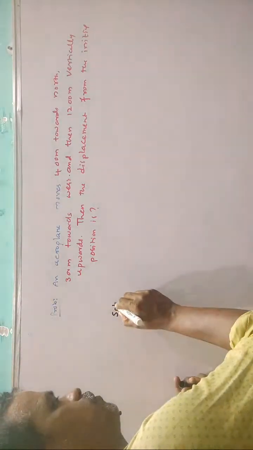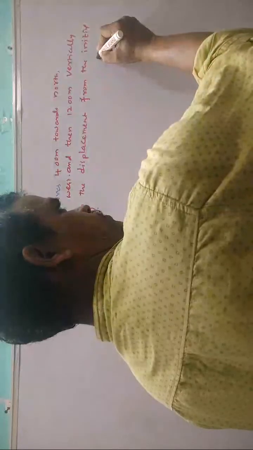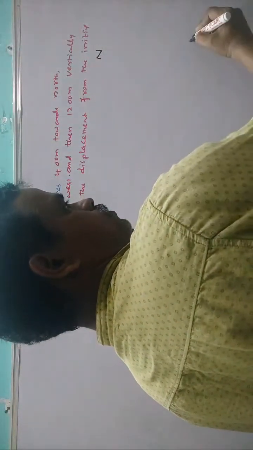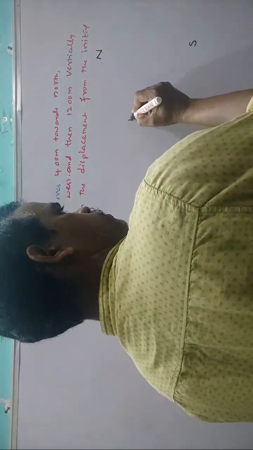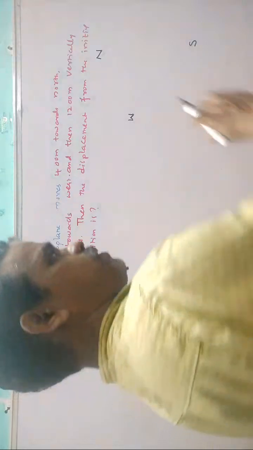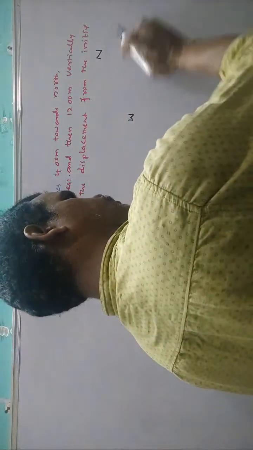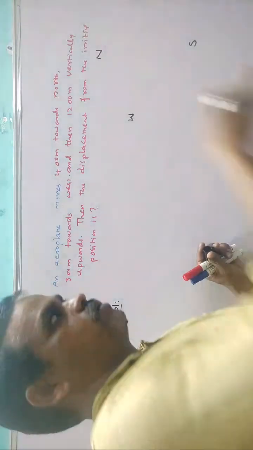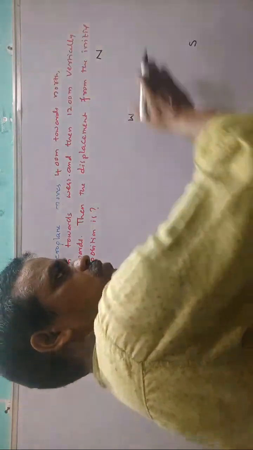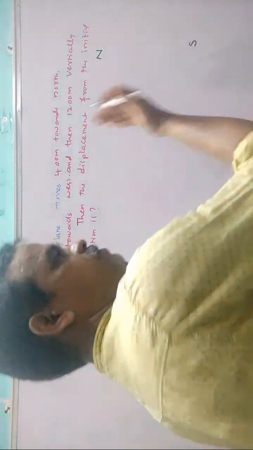Solution for this one. See, I already explained, this is north, this is south, east. Always on paper you have to write the directions in this way only. Upwards is north, opposite is south, towards the right side is east, left side is west.